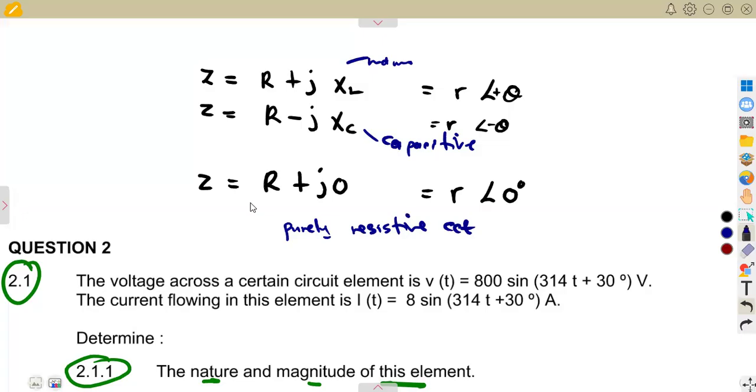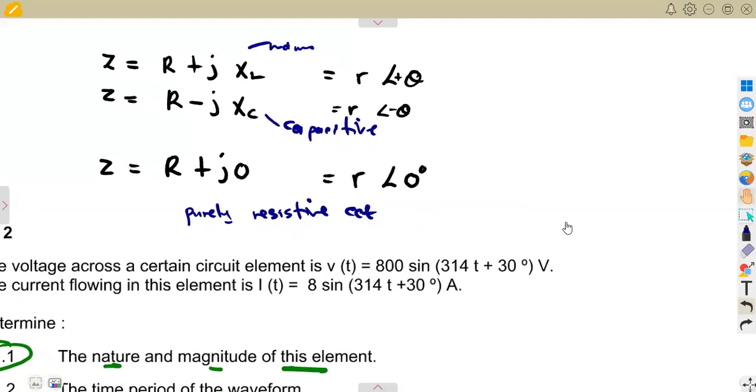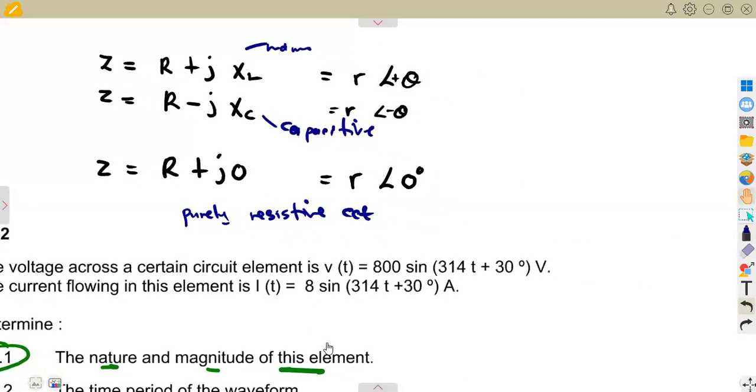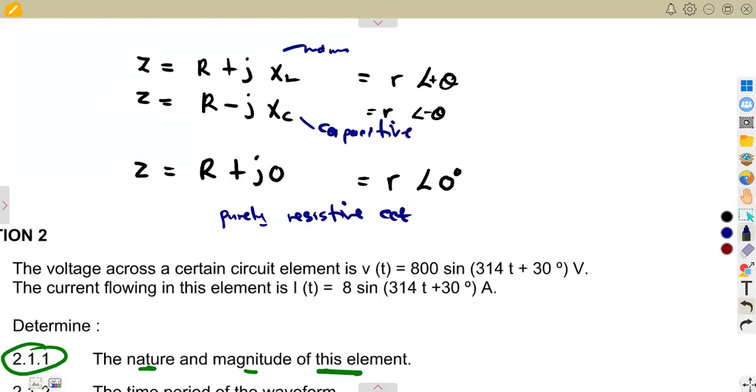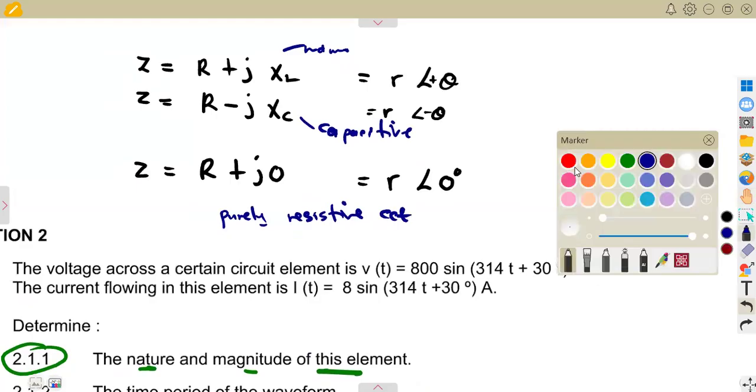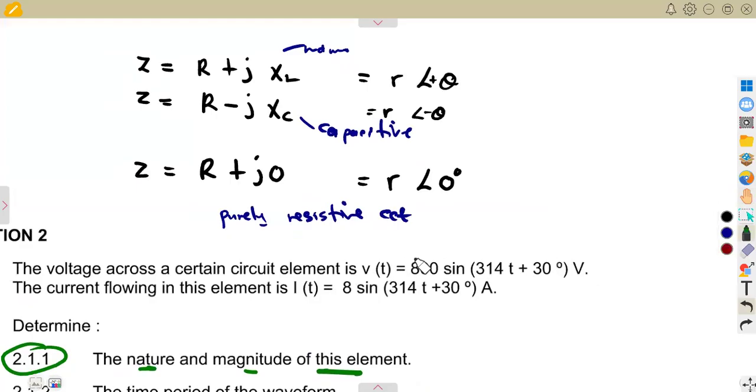of this element. You are going to find the magnitude later on, but before that we need the nature. So we need Z. How can we find Z? We are given an expression for the voltage and an expression for the current. Remember that our Z is supposed to be given as the voltage over the current. So what is it that I'm going to consider?